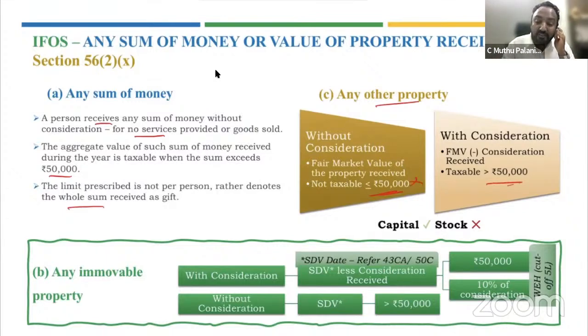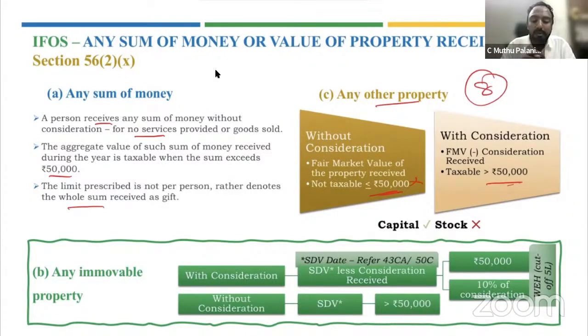If that is less than 50,000, it is not taxable. So for any other property, the 8 properties that we discussed, if it is issued without consideration, the fair market value will be treated as gift income, provided it crosses 50,000. Otherwise, if it is with consideration, fair market value minus consideration received, if it crosses 50,000, it becomes straight away taxable.